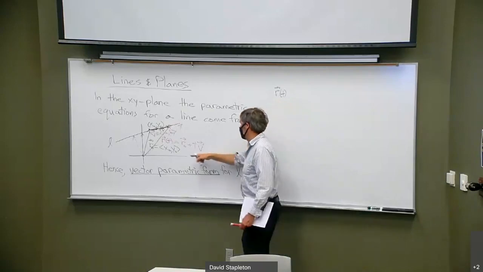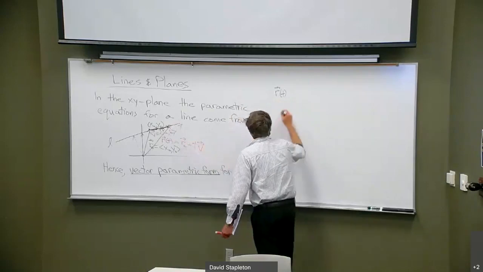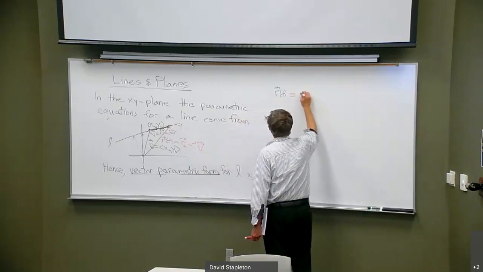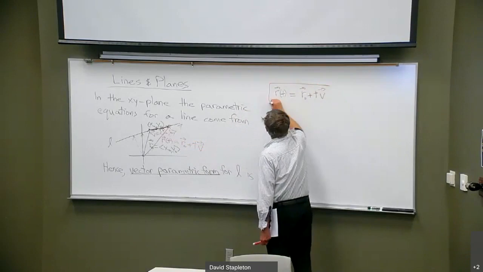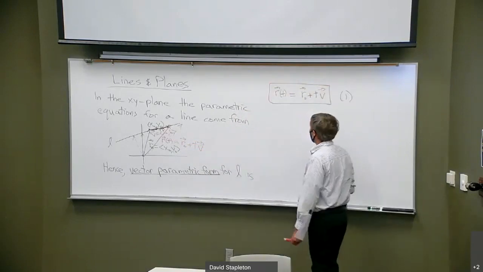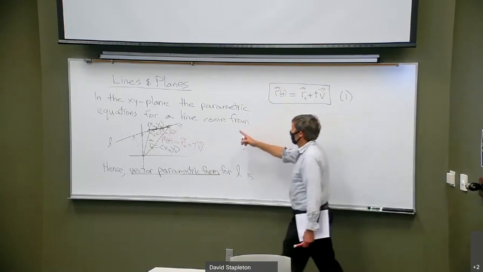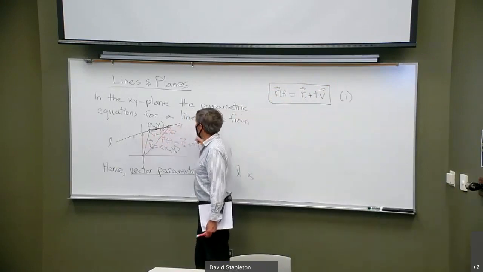You put in t and you get out a vector, equals r0 plus tv, sweeps out the terminal point of r of t. As t runs from minus infinity to infinity, it sweeps out this line.